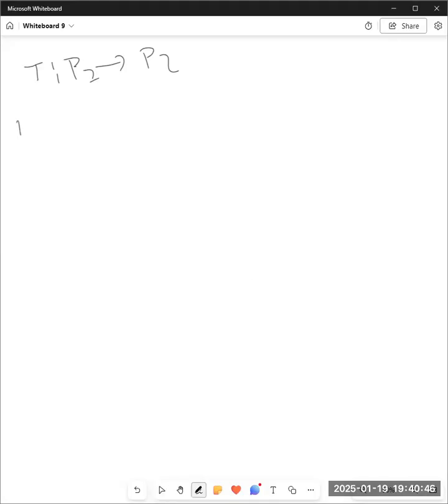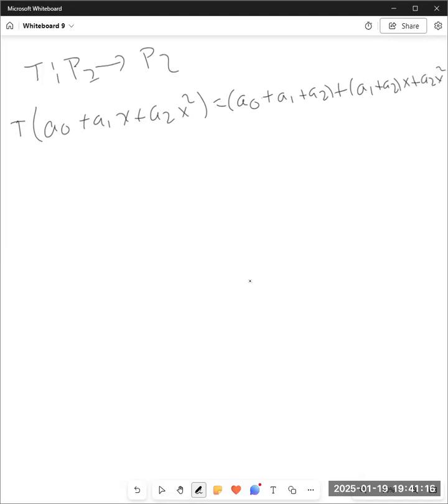This is T of, it's going to take on a second degree polynomial. It's going to be equal to a0 plus a1 plus a2 plus a1 plus a2x plus a2x squared.